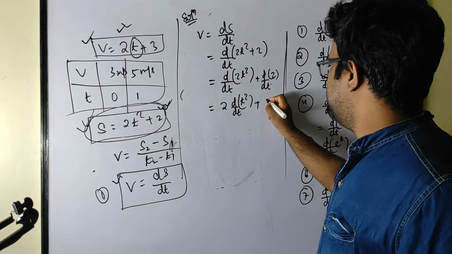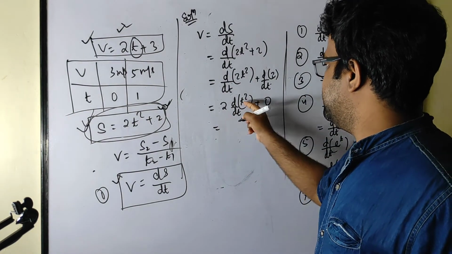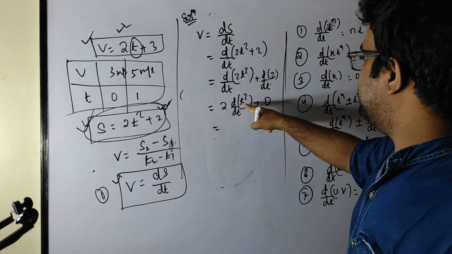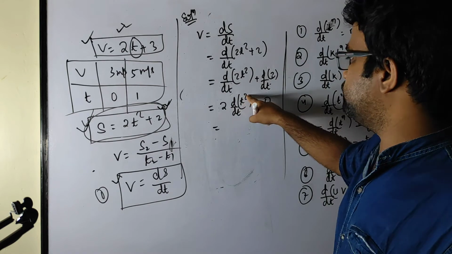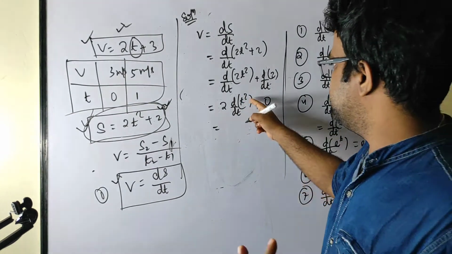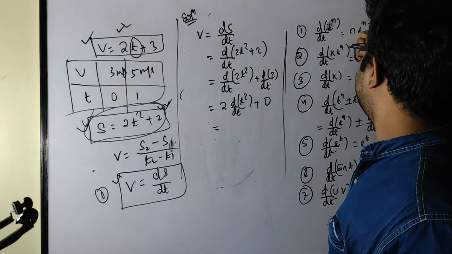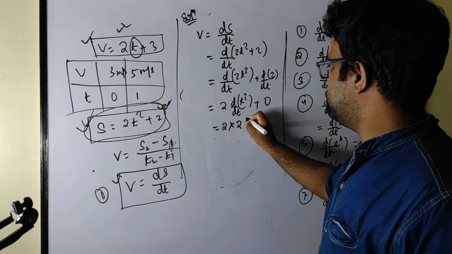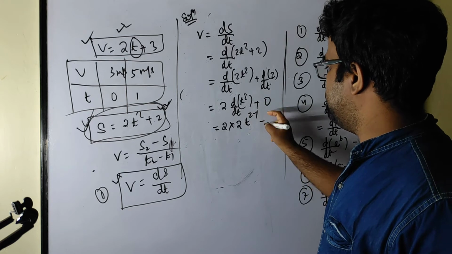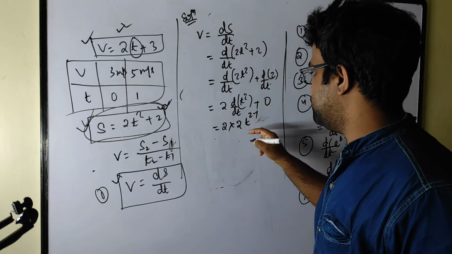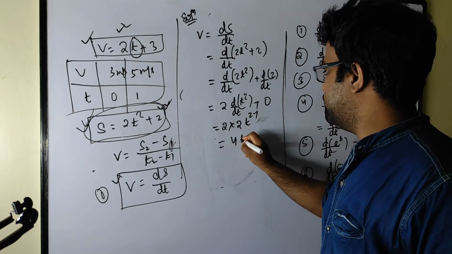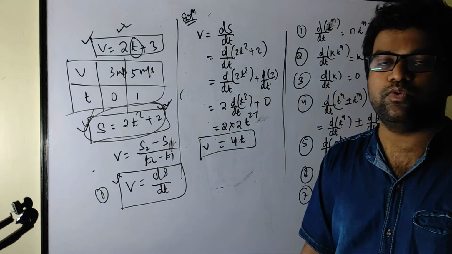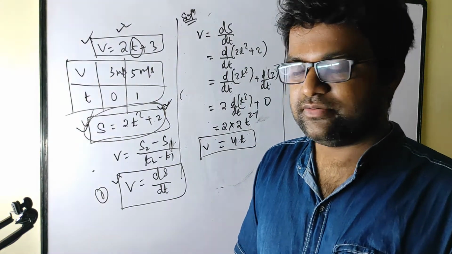Then I'll use the first formula on t square. Here 2 is the power, so n is the power: n into t to the power n minus 1. So 2 into 2 into t to the power 2 minus 1, plus 0. So this is 4t. So the velocity we are getting is 4t, right?